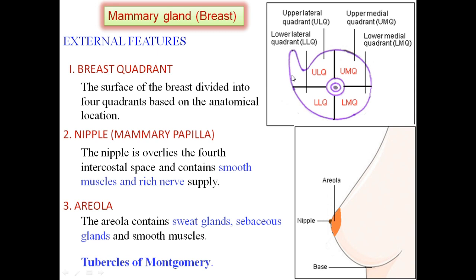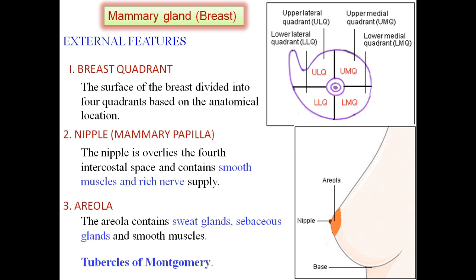The mammary gland is divided into four quadrants by surgeons. The surface of the breast is divided into four quadrants based on anatomical location. The vertical and horizontal lines through the nipple divide it into the upper lateral quadrant, upper medial quadrant, lower lateral quadrant, and lower medial quadrant.